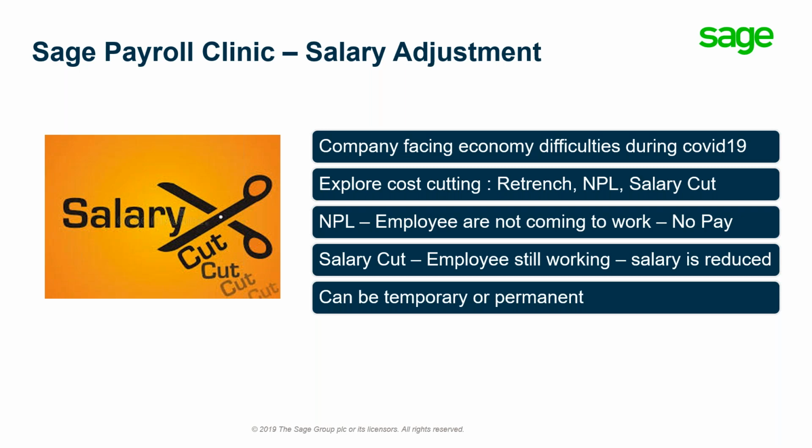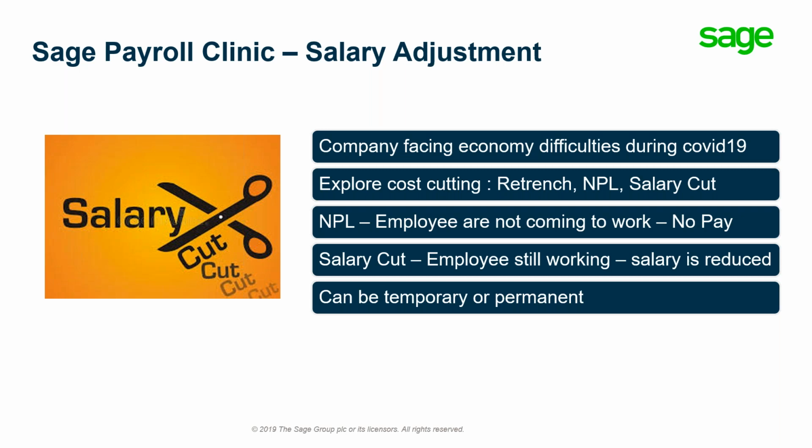Now, this salary cut can be temporary or permanent, depending on when the company makes the decision on this exercise. Salary adjustment is slightly different from no pay leave. For no pay leave, the government has recognized that it is important for the survival of the business, so the government also promotes this ERP to compensate.